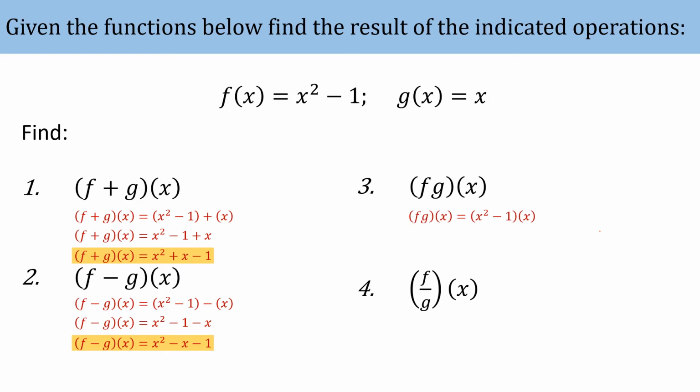For f times g of x, we multiply the definitions and distribute x to x squared minus 1, which gives us x cubed minus x. And for the division, because we can't divide x squared by x itself, since the above term is a binomial, we leave it as it is.